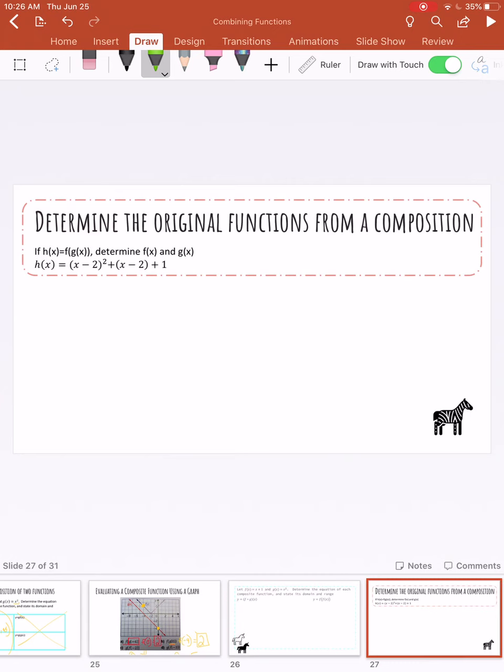Okay, determine the original function from a composition. So this time you get to do some backwards thinking. Fun. They're giving us the answer, which is h of x, and they're saying h of x is a composition of the g function inputted into the f function. So what could be a possibility for the f function and g function in order to end up with this equation?